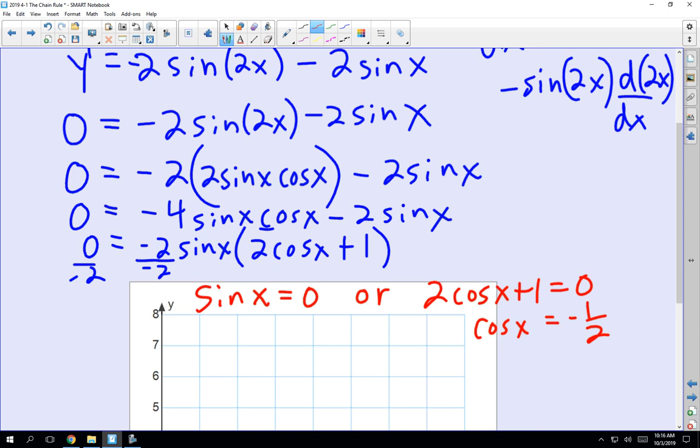You're just thinking of all the places that have a radian measure that matches up with a sine value of 0, or a radian measure that matches up with a cosine value of -1/2. And we're only thinking through one cycle of the unit circle from 0 to 2 pi. So how many different solutions will I have? Where does sine of x equal 0?